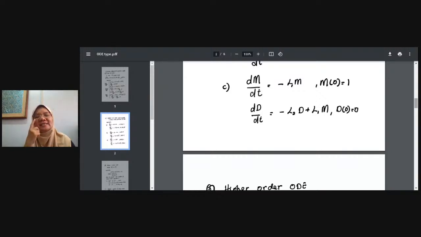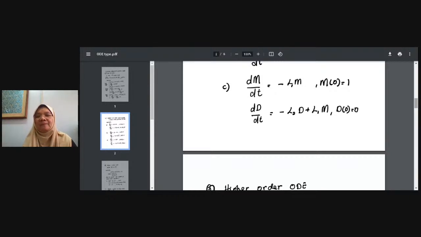Every person has different eye movement, depending on the strength of the muscle around the eyes. So d is the strength of the muscle around the eyes, and it also depends on time. This is a coupled system, or what we call a system of ODE, to represent eye movement.